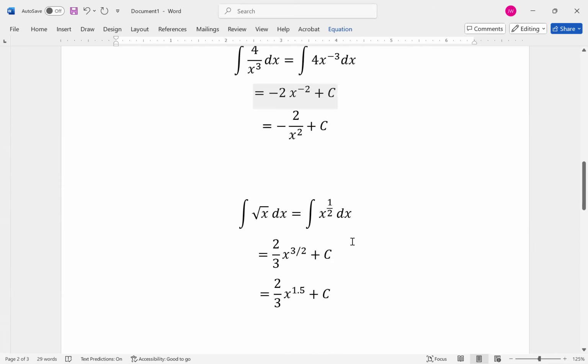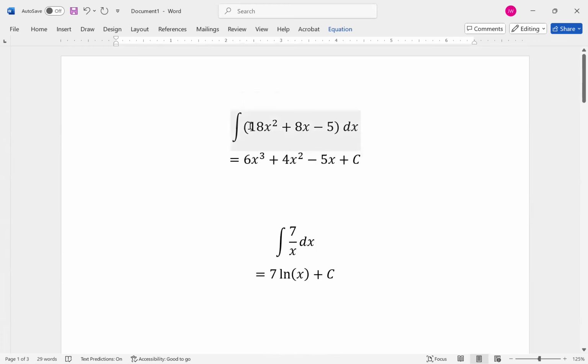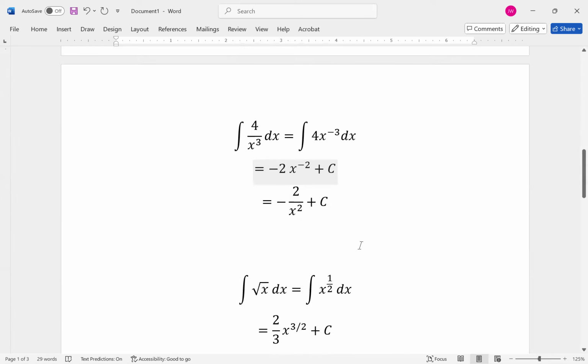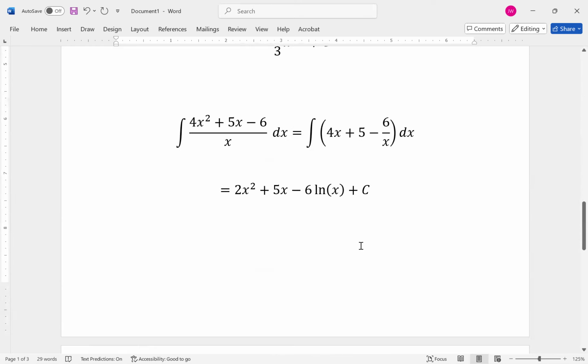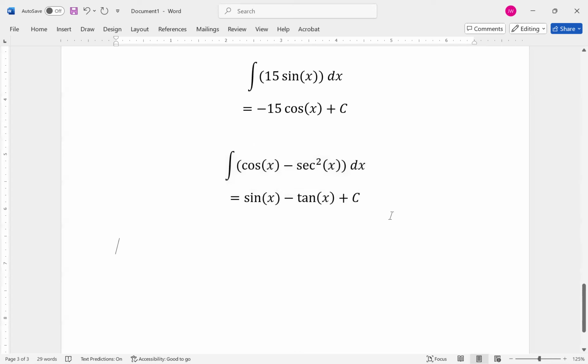And then we have basic rules for things like polynomials, things like rational functions when I can simplify them. Again, we'll look at some more complex integration later on in this unit. But these are the basics. And like I said, hopefully this is review for you.